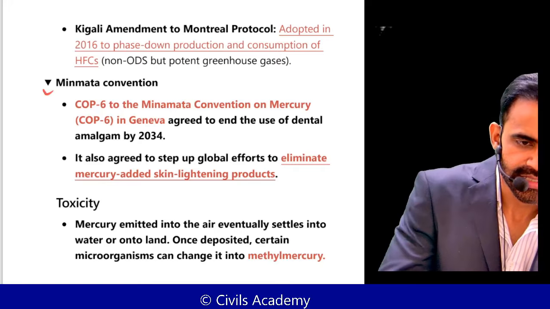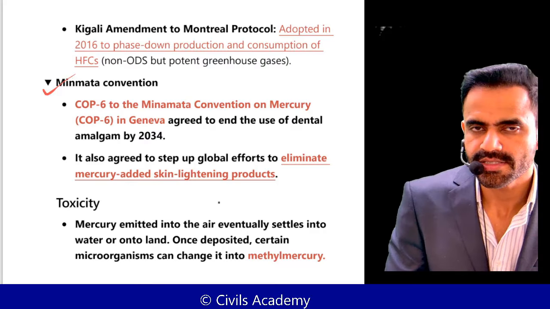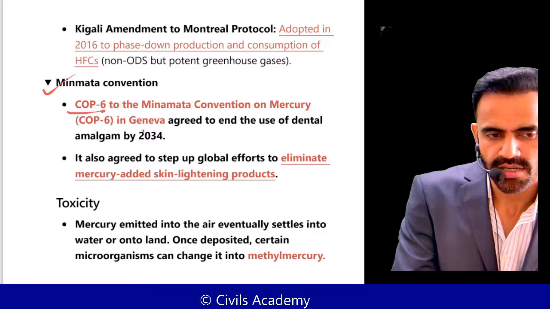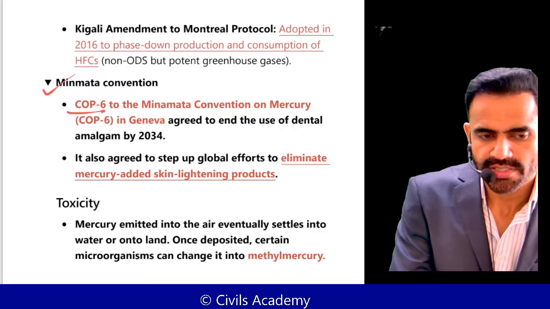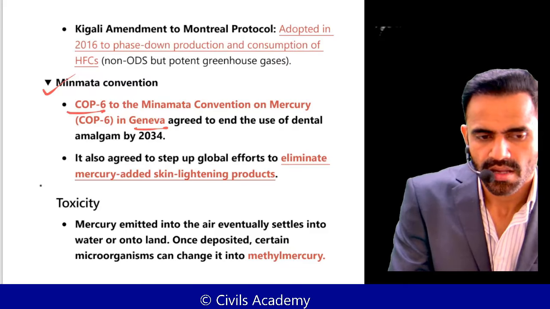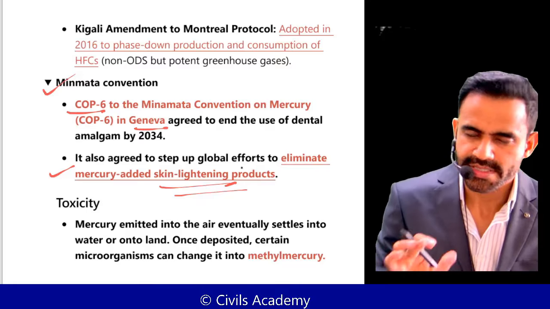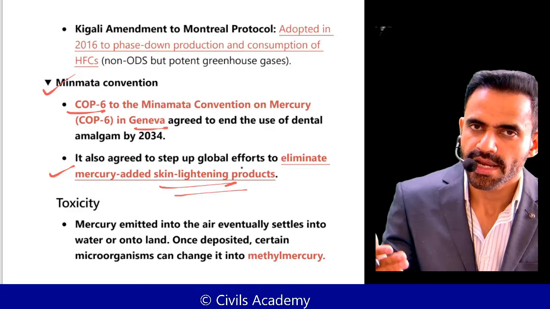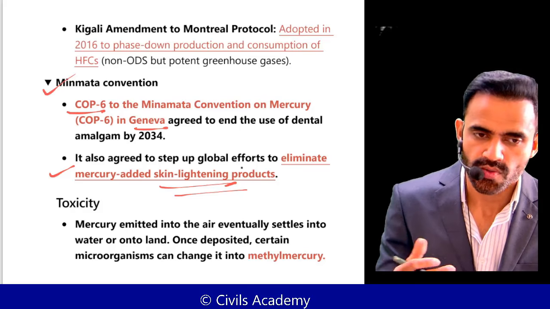Next is the Minamata Convention. Understand, this is for mercury. Recently, the 6th Conference of Parties of the Minamata Convention was organized in Geneva. The objective is to eliminate mercury-added skin lightening products. Mercury, when it interacts with air, creates methyl mercury, which is highly toxic.